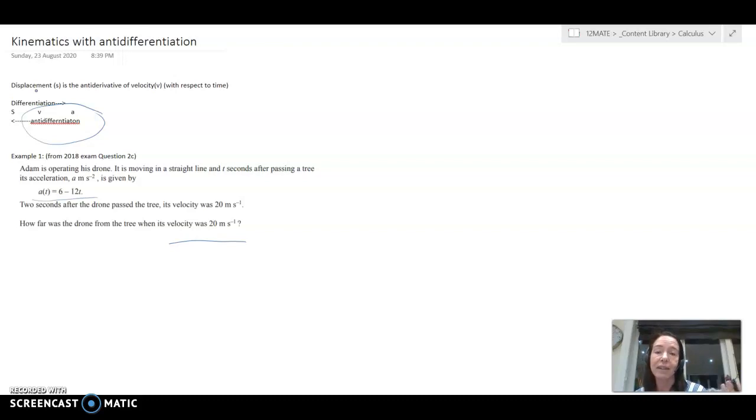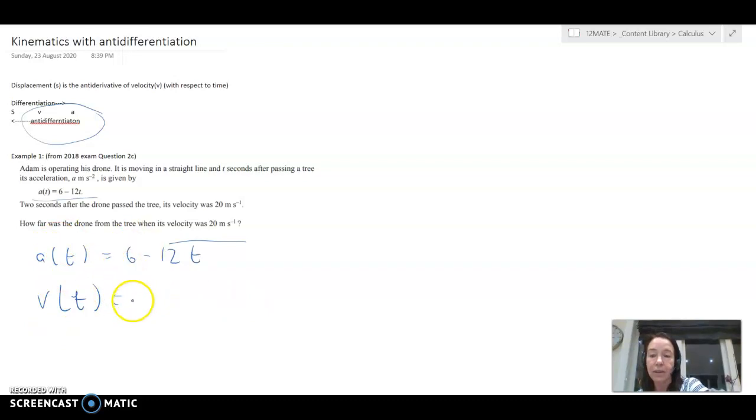Obviously, I'm going to have some C, and I need to find some other information to put into there, just like we did with our finding the original curve in the previous examples. So I have been given acceleration, and I am wanting my velocity. Now I know I need to anti-differentiate.